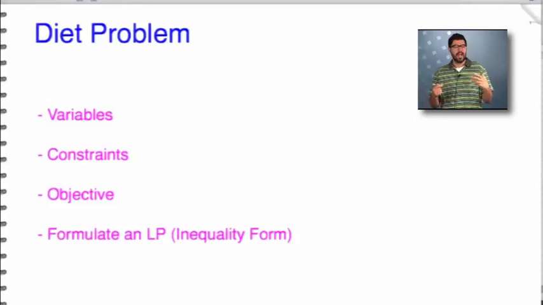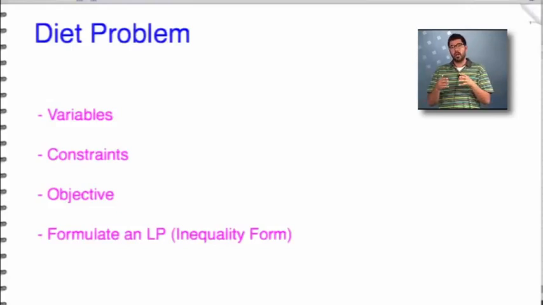So you can probably imagine when I say the diet problem what it might mean, but it basically means you have a list of food that you can buy, and each food costs a certain amount per serving, okay? And some will be more expensive, some will be cheaper.